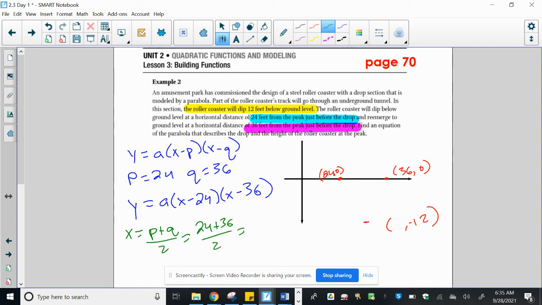So that would be at the point 30. So right here at 30, negative 12, that's the lowest point. Now we have this image of what our parabola would look like. This is a rough sketch. We're coming down from somewhere, going to a lowest point, and we're coming back up.